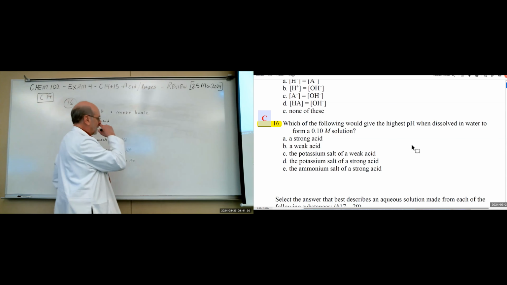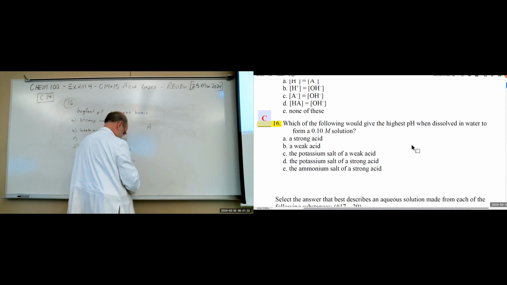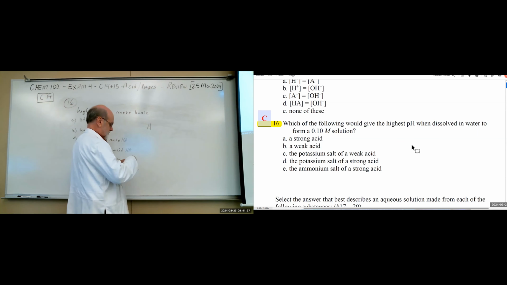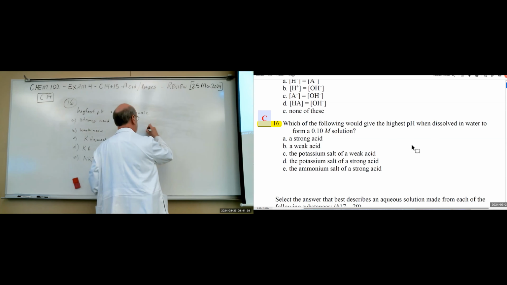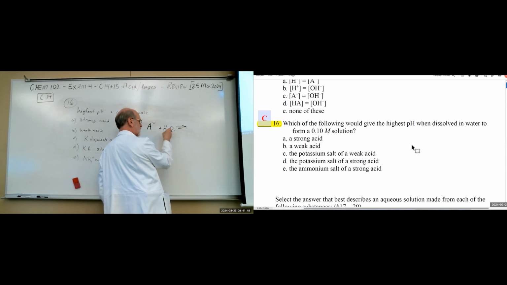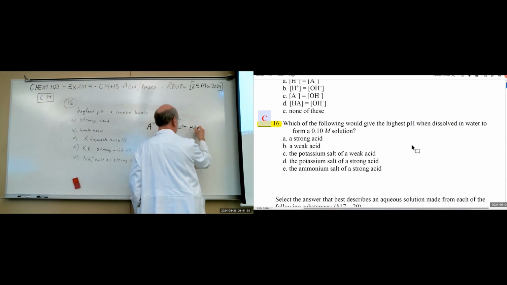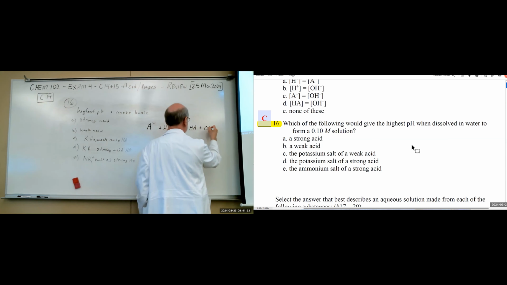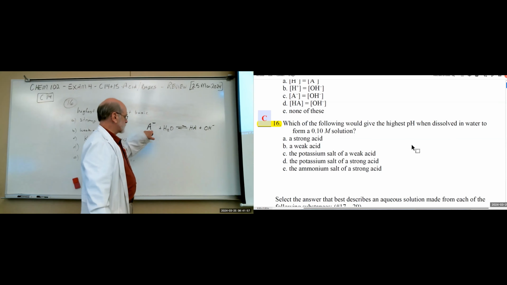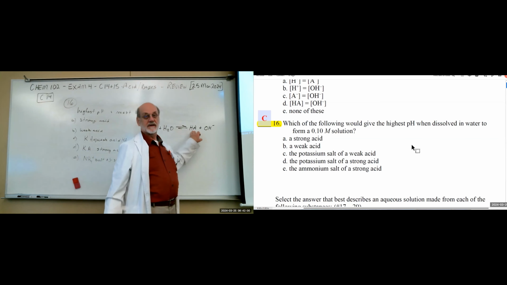In other words, what we need is this conjugate base to react with water, to take a proton from that water and leave us with hydroxyl. So if this is a strong base, what does that make this? That makes that a weak acid.